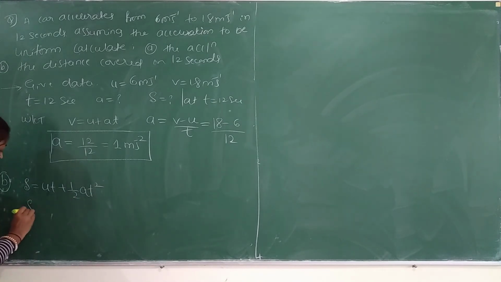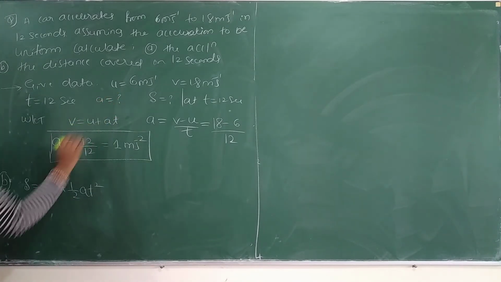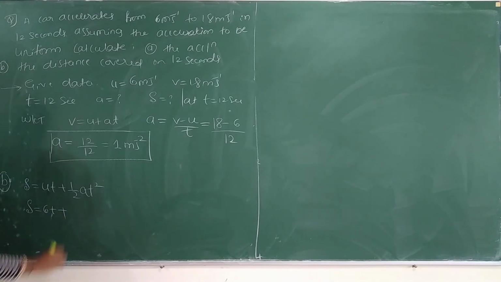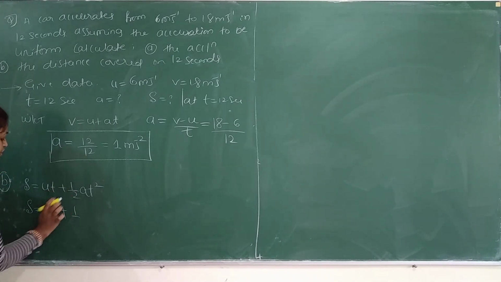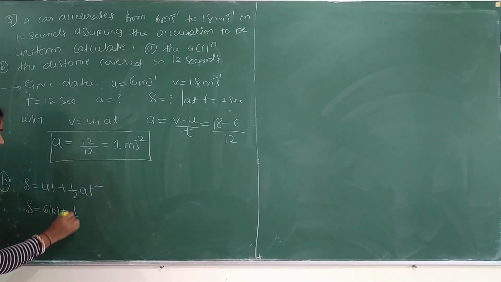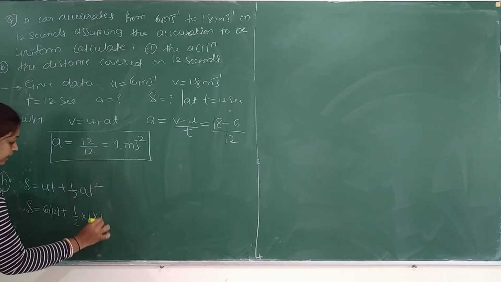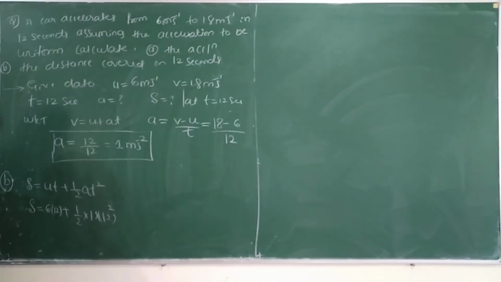Just substitute. S is equal to initial velocity 6 into t, which is 12, plus half into acceleration, which you have just calculated, 1, into time again 12 square.